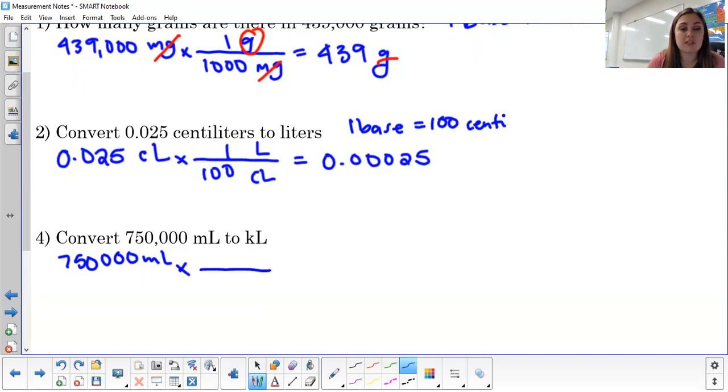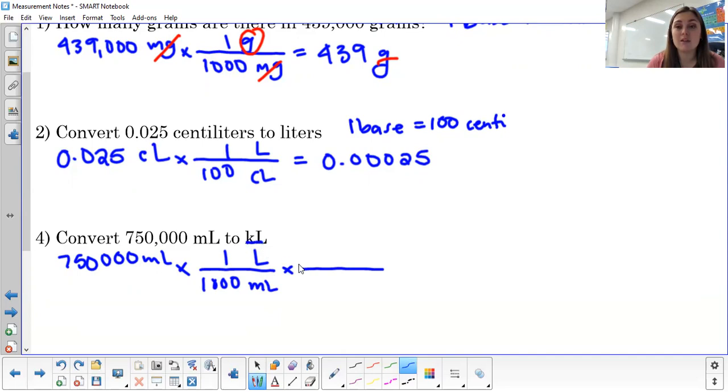In the first step, we're going to go from milliliters to the base. When in doubt, just go to the base, right? That's a great first step. So the base unit here is liters. According to my blue bookmark, there are 1,000 milliliters in every 1 liter. But I'm going to have to set up another step here because I don't want to end up in liters.